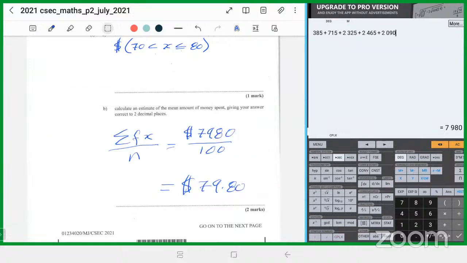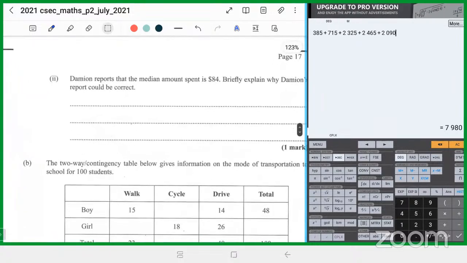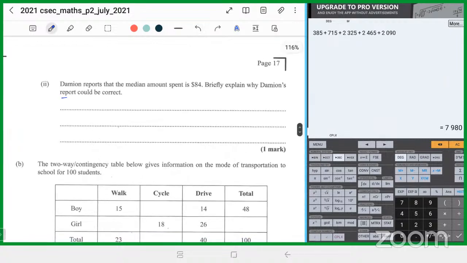All right, let's continue. Next part says, Damien reported that the median amount spent is $84. Briefly explain why Damien's report could be correct.